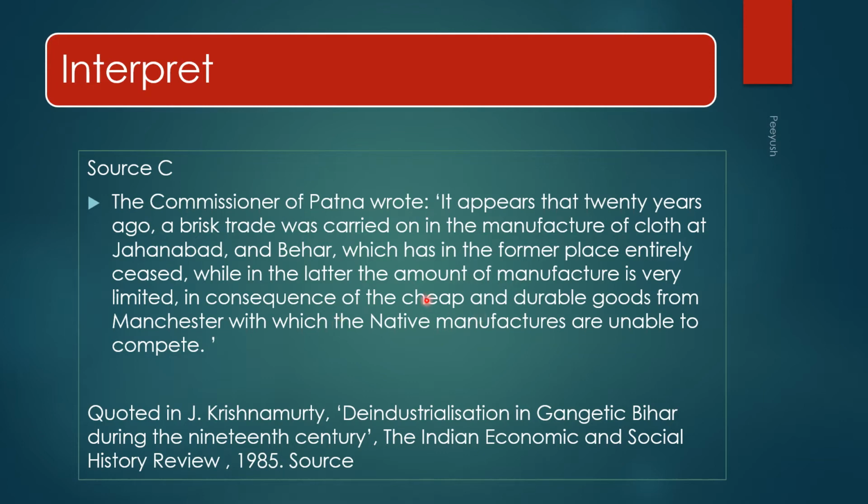The cloth that started coming to India disturbed the native manufacturers of these locations, and since they were unable to compete with the durable and cheap products coming from Manchester, because in any case, if something is produced by hand, the price would go high.